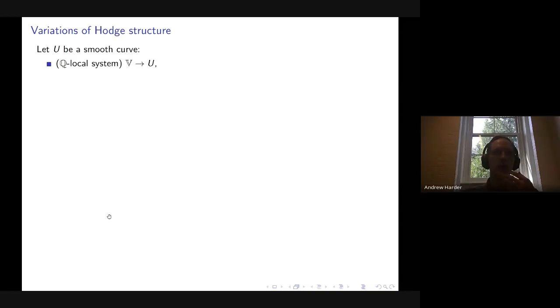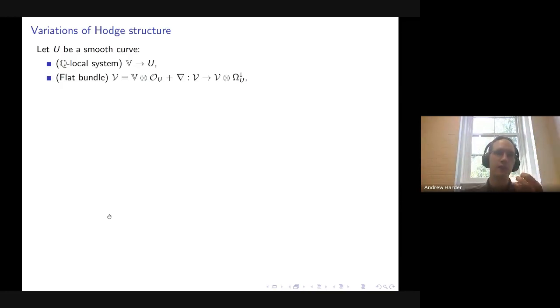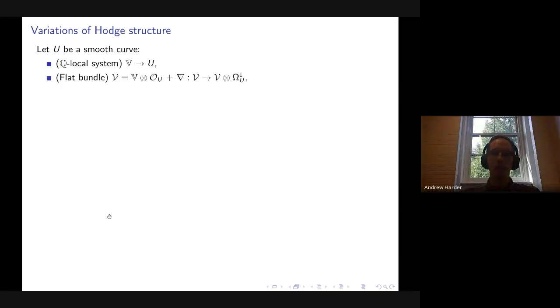Okay, so great. I want to briefly talk about what a variation of Hodge structure is and some data associated to it. I have a smooth curve with a Q local system on it, or integral local system, depending on the coefficients that you want to take. I have a flat bundle, which is what I get by tensoring with the structure sheaf of the base.